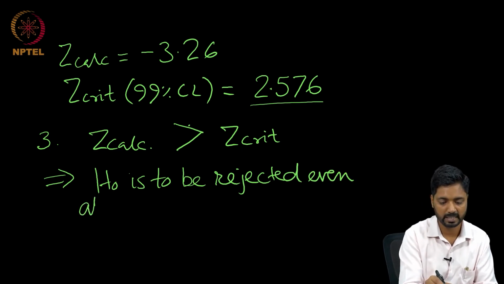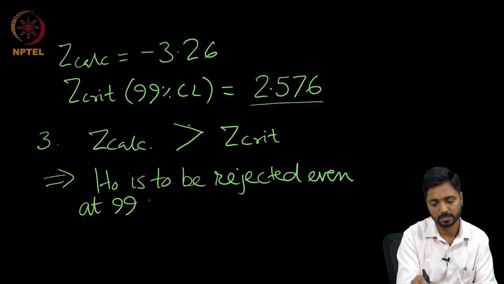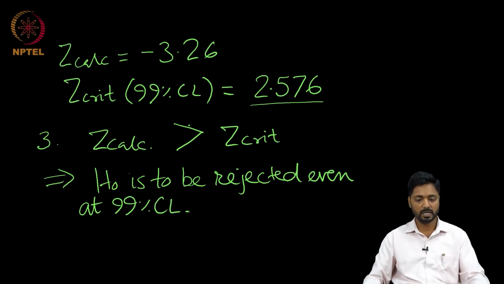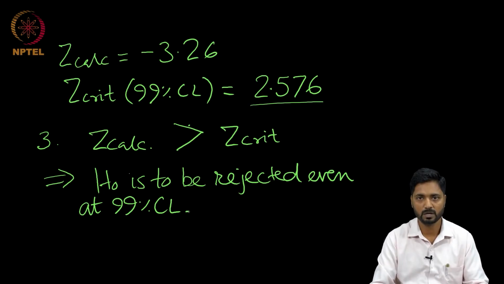even at 99% confidence level. So, we can report our conclusions at 99% confidence level that the mean value of the weight of these 30 students is indeed different from that of the national average, because that was the question that we were dealing with.